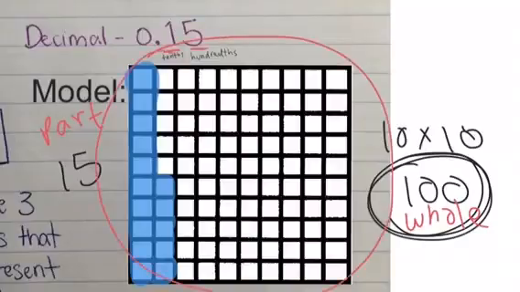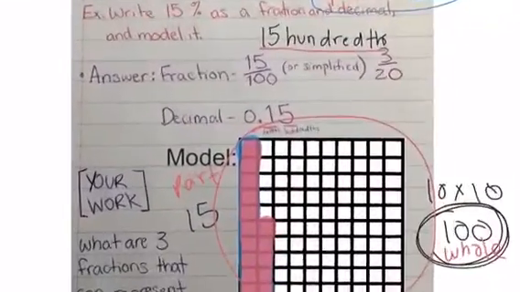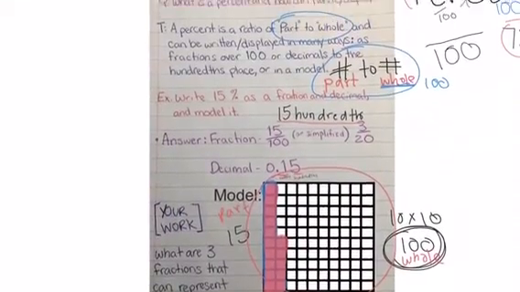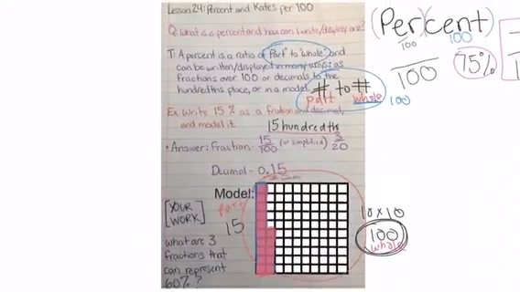You make a big grid. I have a bunch you can print out, or that I've printed out, that you can use for your notes and assignments. And you just shade in 15 of these boxes. That's how we display our percents as fractions, decimals, and models.